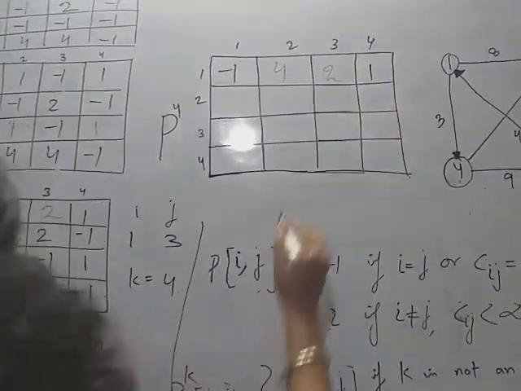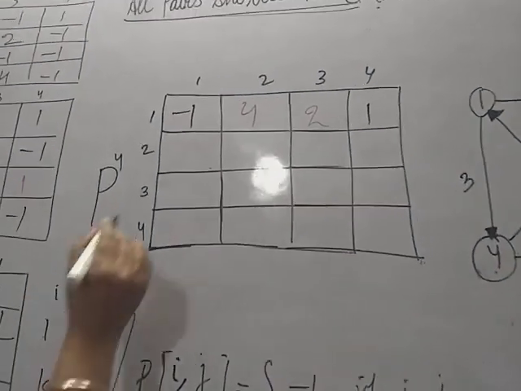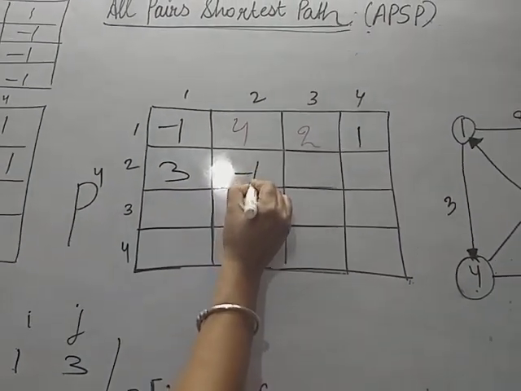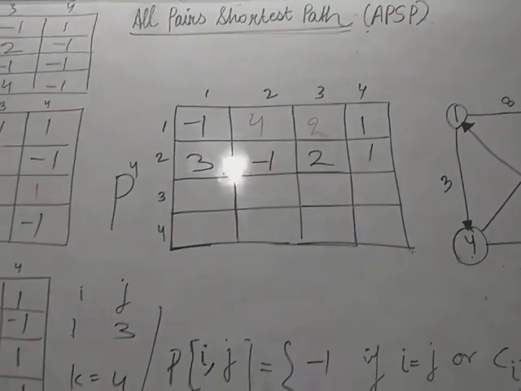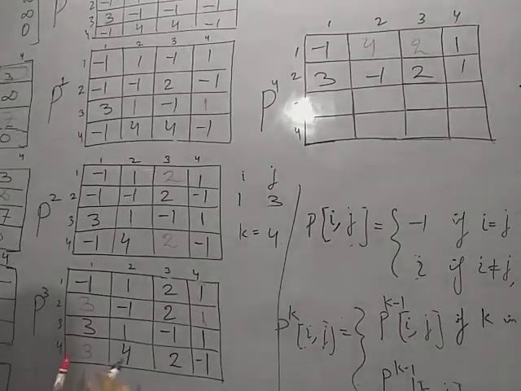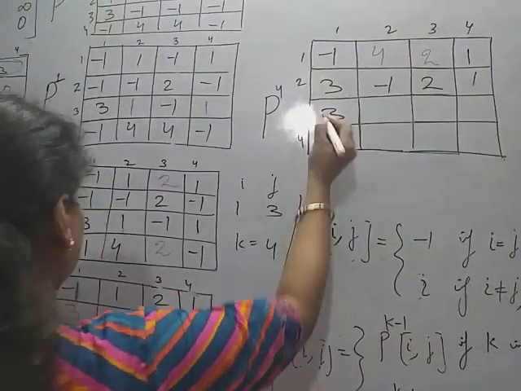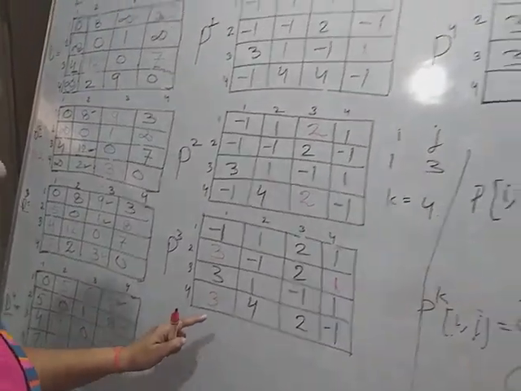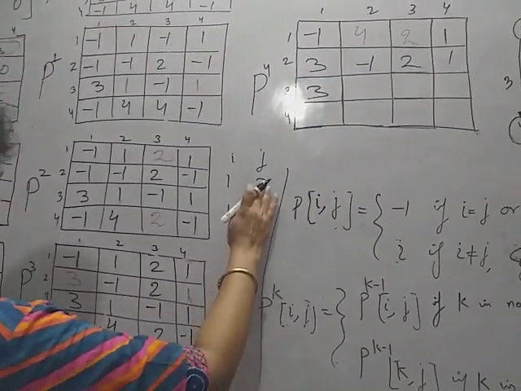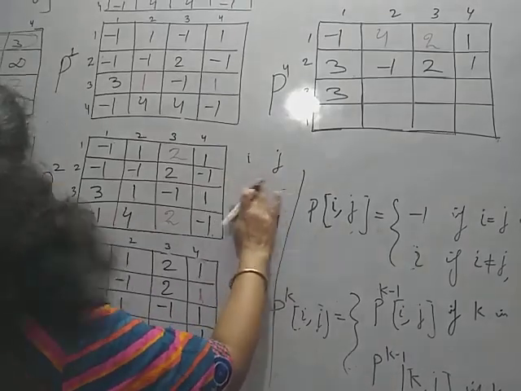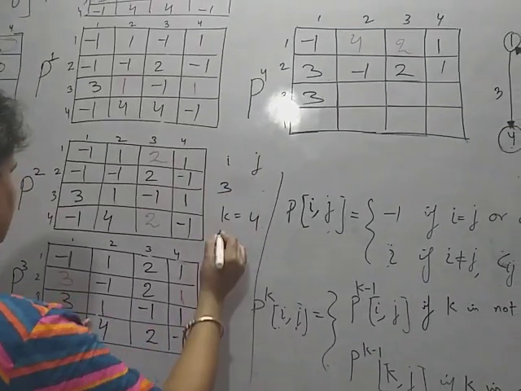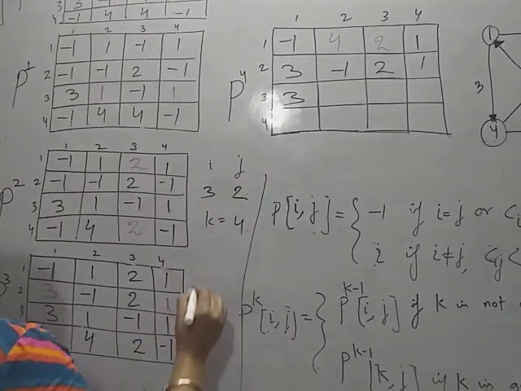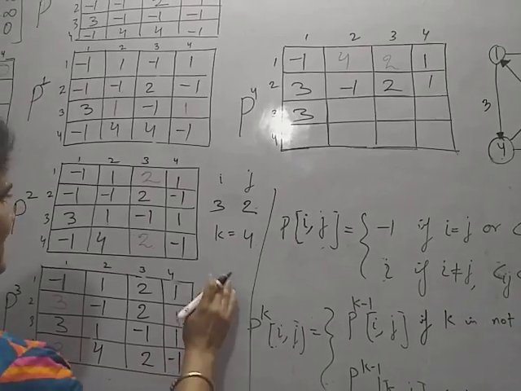Now all previous entries will be copied. 1 and then the 3, minus 1, 2, 1 and then the 3 and this entry is changed. See, this entry in the path matrix is changed. So here i is 3, j is 2 and k is 4.